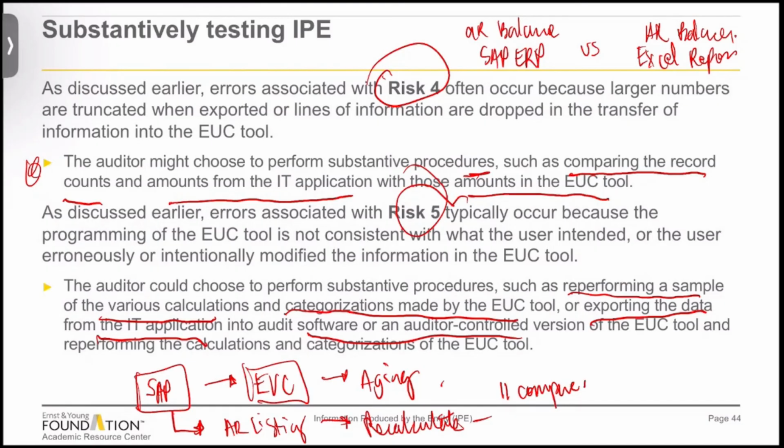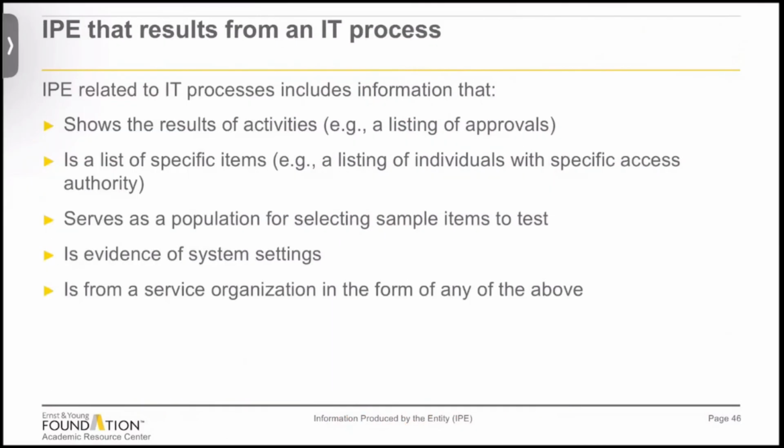Okay? That's all for IPE resulting from a transaction process. Now, we also have IPE that results from an IT process. So IPE related to IT processes is used by the auditor when testing IT processes themselves. For example, in testing controls over program changes, the auditor may obtain a list of all program changes made during a specific period of time.